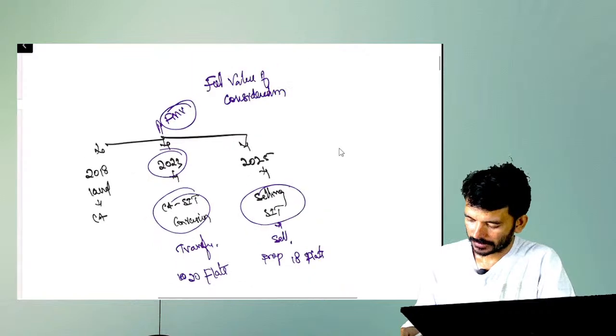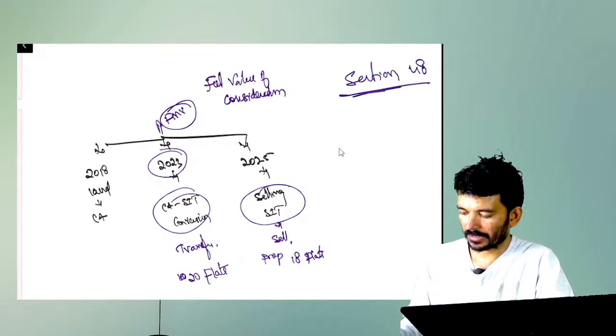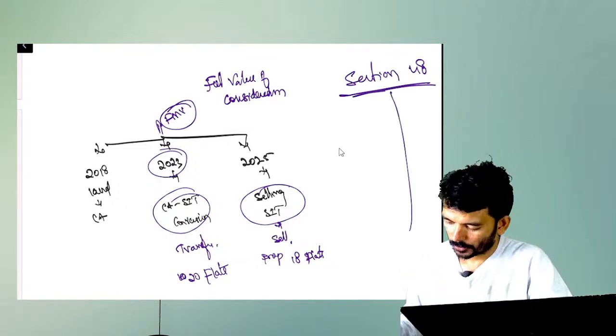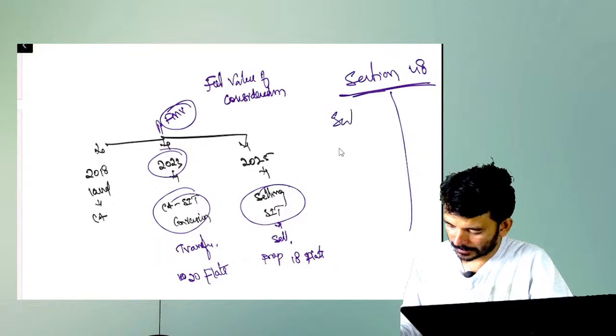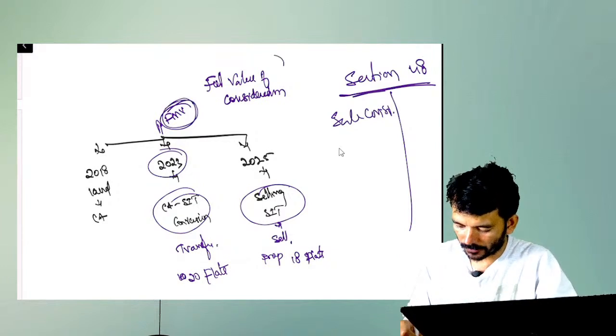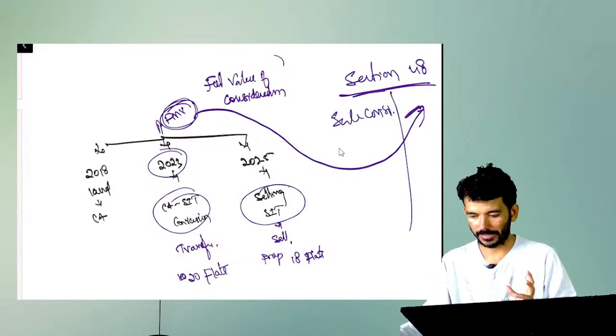Again, you have section 48. The section says how you calculate your capital gain. So first is sale consideration. Sale consideration means at what price you are selling your asset. So this fair market value on the date of conversion will be your sale consideration. I hope this is clear.